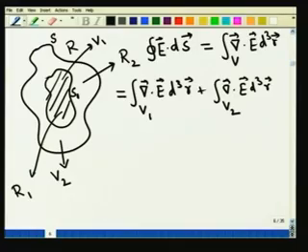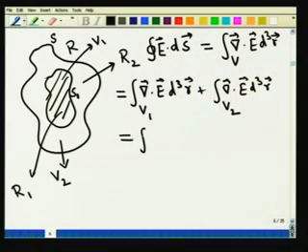In the form that I stated Gauss divergence theorem for you, the first term above, that is divergence d cubed r over V1, can be rewritten as a surface integral which involves the surface S1. So what is this equal to? This is nothing but integral E dot ds over S1.